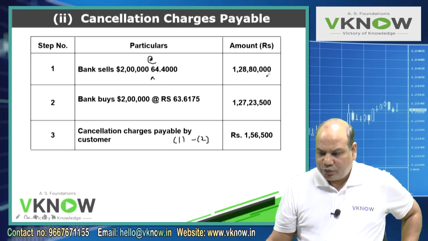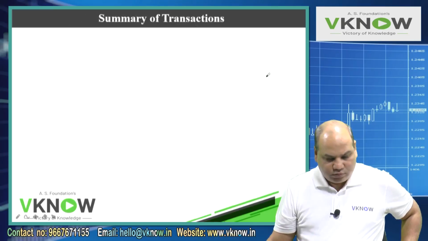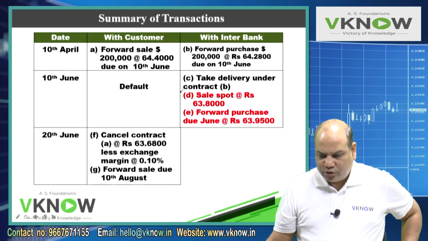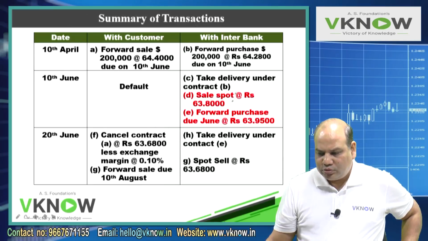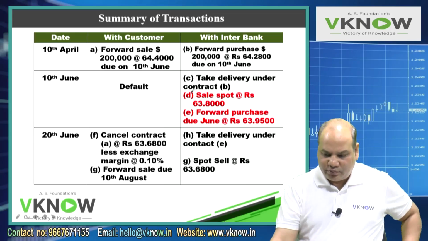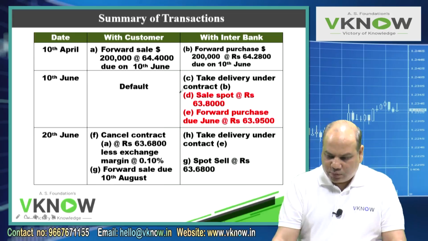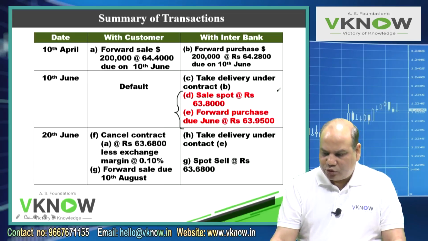Okay. After that, again I will just remind you that look at the summary of transaction for my next answer. My next question is swap loss. This is the swap transaction the bank had to undertake because of late extension.